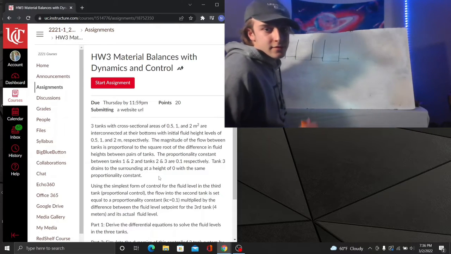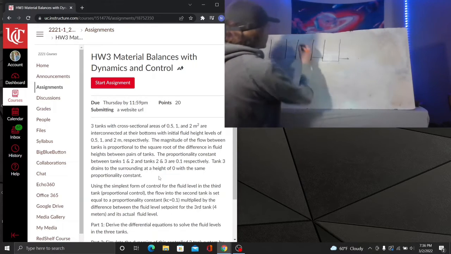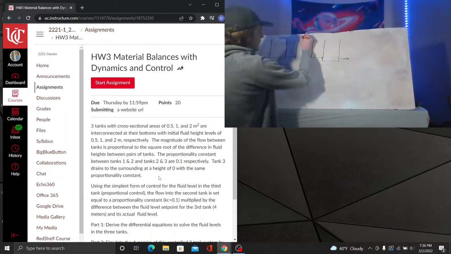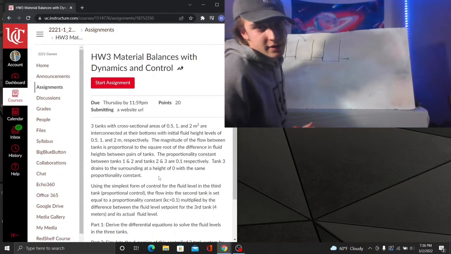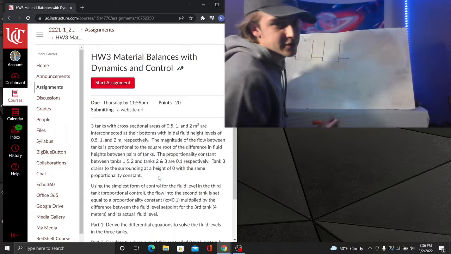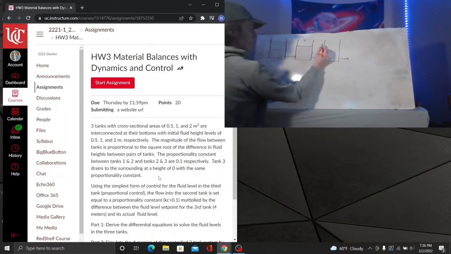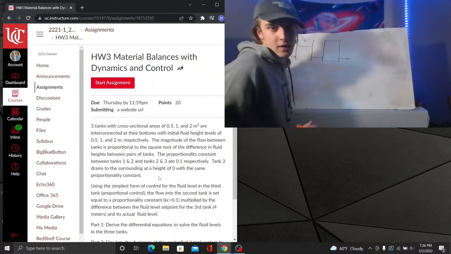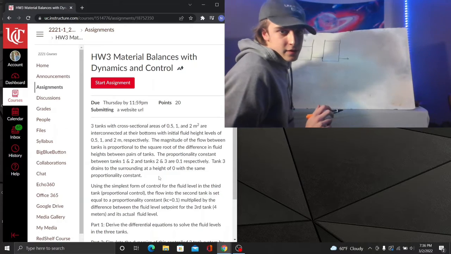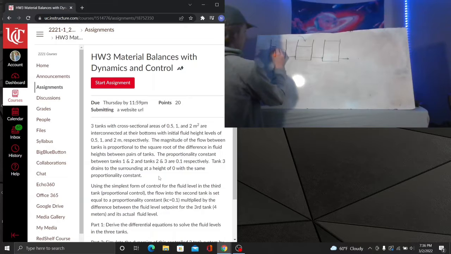And then there also is flow going into the second tank. And also all of them have different fluid height levels. And each of them have different cross-sectional areas as well.